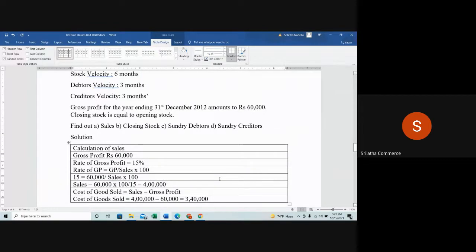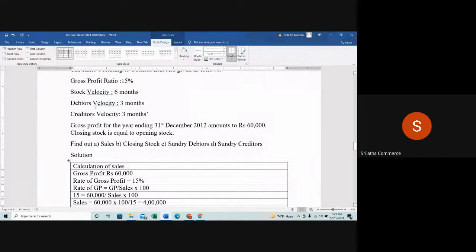Now next, what he had given: stock velocity, debtors velocity, creditors velocity are given in months. Stock velocity is nothing but the conversion period. Usually conversion period we calculate in days. What is the formula for average conversion period? For stock, you are converting the stock into cost of goods sold, isn't it? Material to be converted into finished goods.